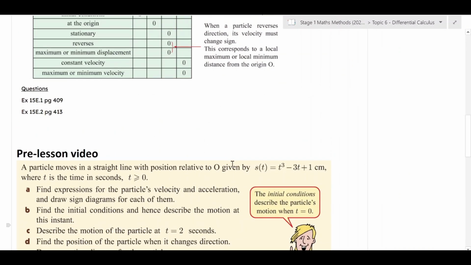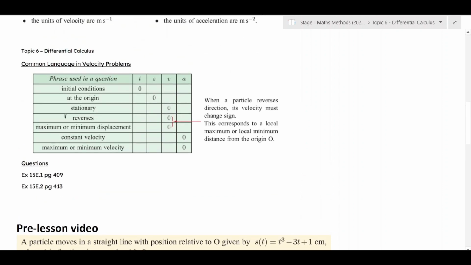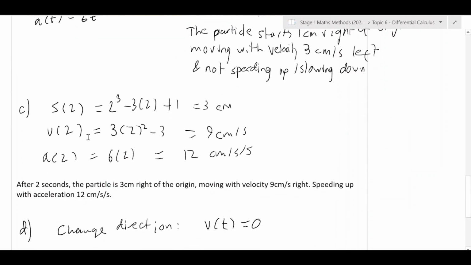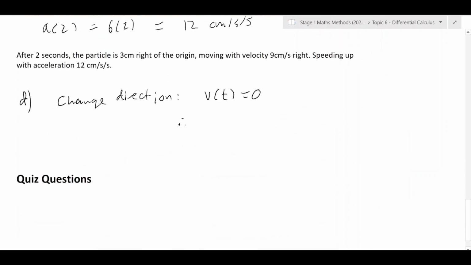And hopefully that should make sense, because if you have something that's moving around, the velocity is 0 at the turning point, because it's not moving right, it's not moving left, it's neither moving right nor left, and it reverses here. This is what this table is trying to tell you. So what we can do is set velocity to 0: 3t squared take 3 equals 0.